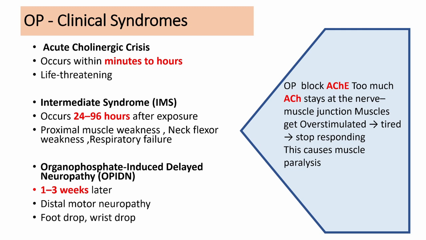Initially the patient recovers after 1 to 2 days, then suddenly gets respiratory paralysis, and ultimately might die because of the intermediate syndrome, maybe due to overstimulation of the nerve endings from the high level of acetylcholine.